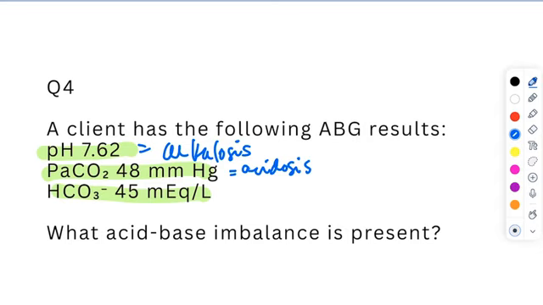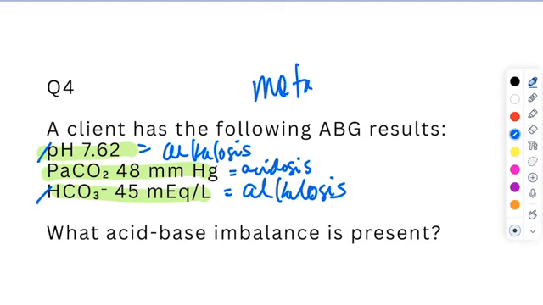The bicarb is actually high, and that tells us that there is alkalosis. Now, because pH and bicarb are alkalotic, our answer here would be metabolic alkalosis, right? The question right now, is it compensating, partially compensated, or uncompensated?